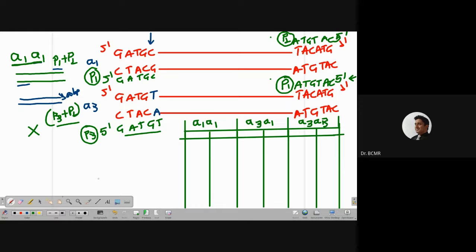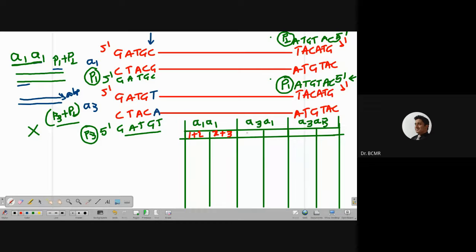And here I have put another box, right? There I'm trying to give you the primers that have been used. A1 plus 2, P1 and P2 primers. In the other reaction, P2 and P3.